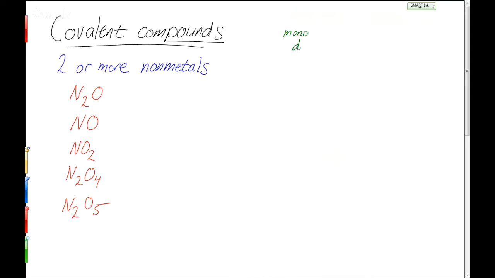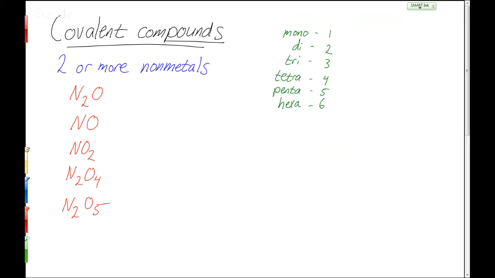Mono, di, tri, tetra, penta, and hexa. We're not really going to see any compounds that have more than 6 of anything, but that tells you how many of a given element there are. 1, 2, 3, 4, 5, or 6.